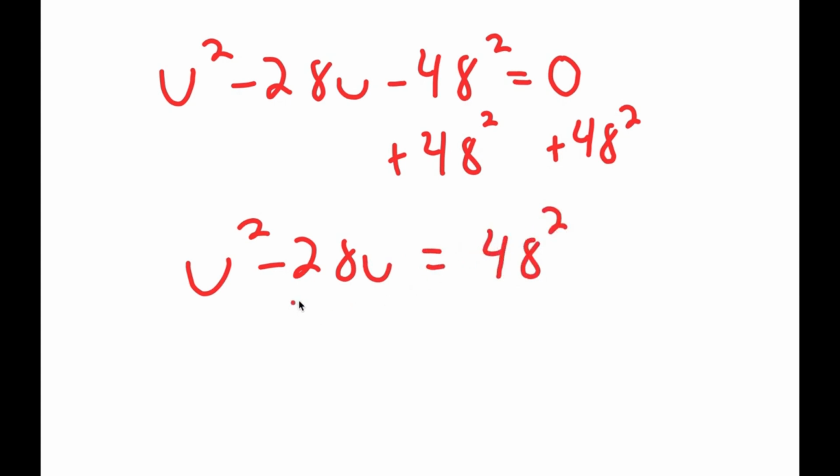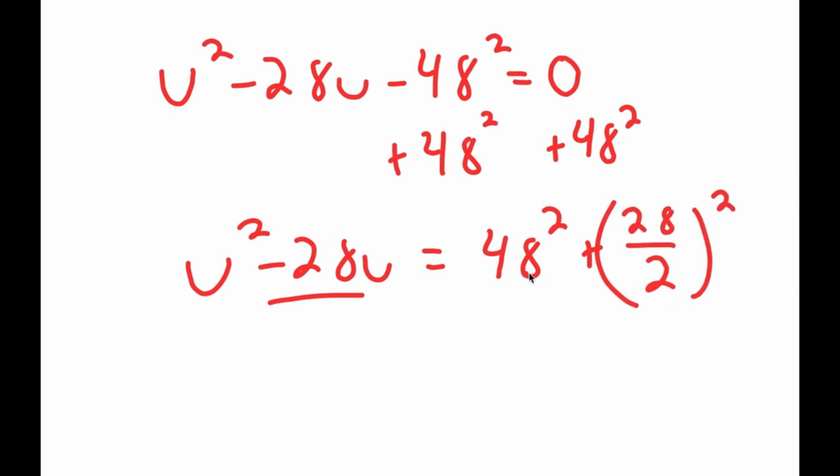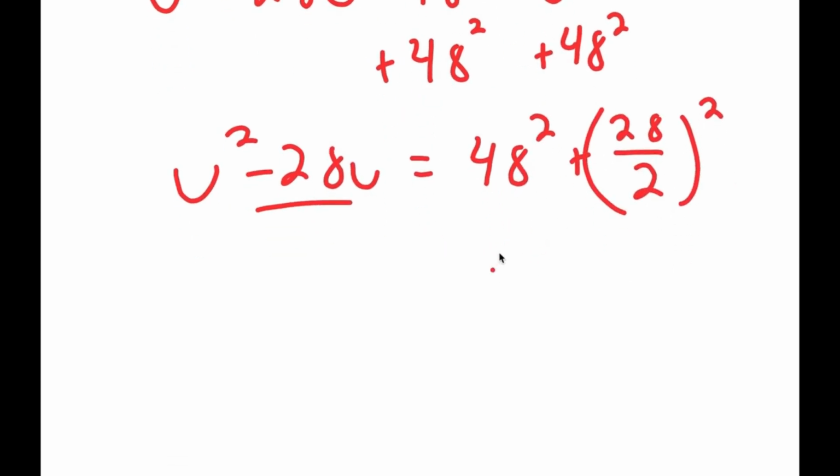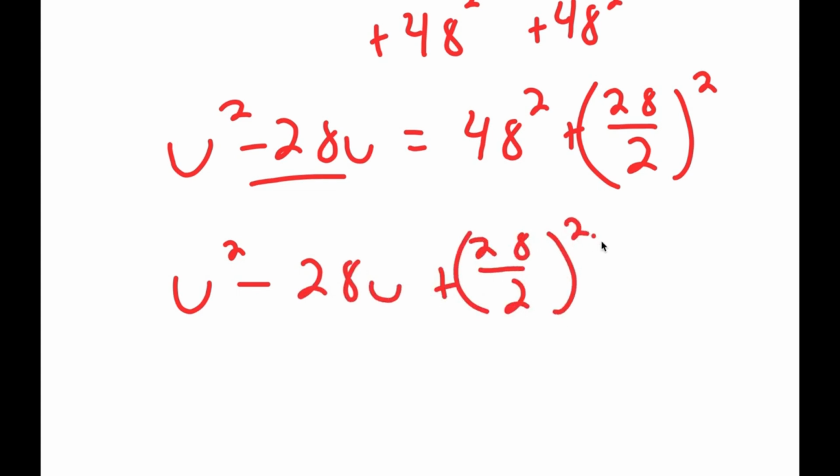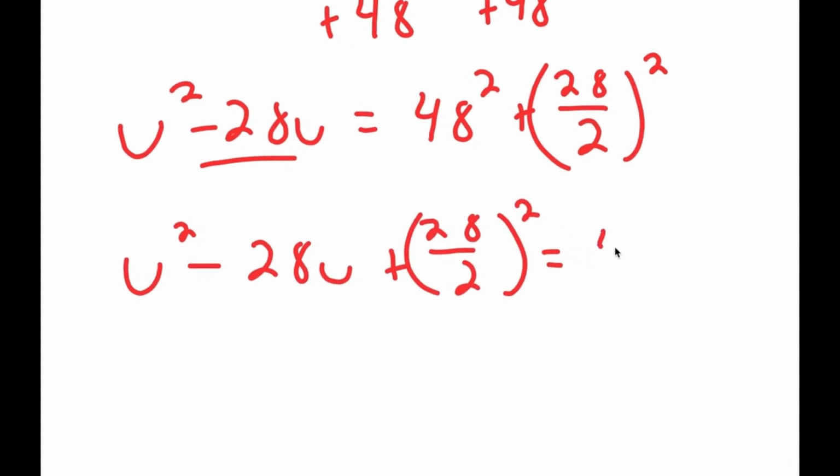Now I'm going to take negative 28, or we can say just positive 28, and add this divided by 2 squared on both sides. If you guys don't know what completing the square is, you have to go watch a video on it. So I add 28 over 2 squared on both sides.